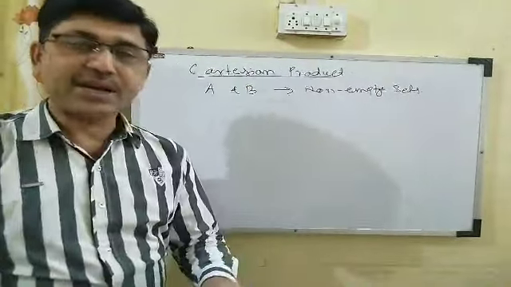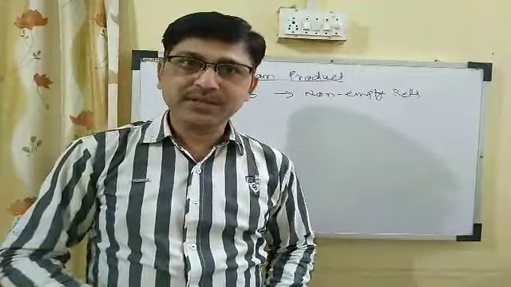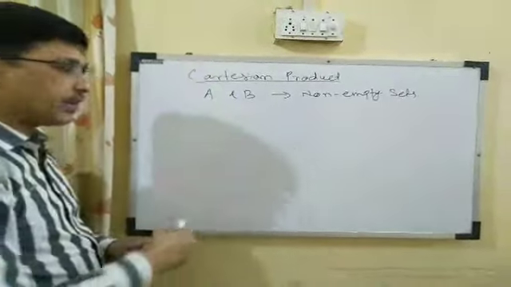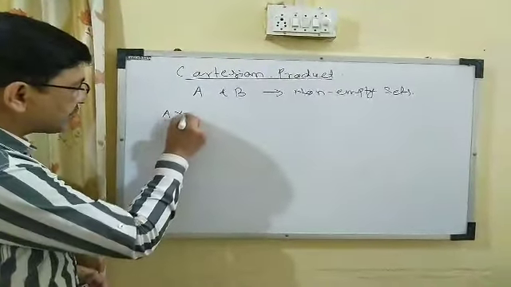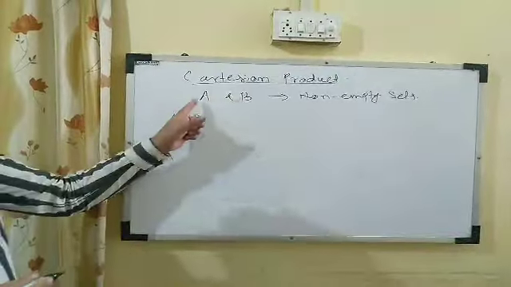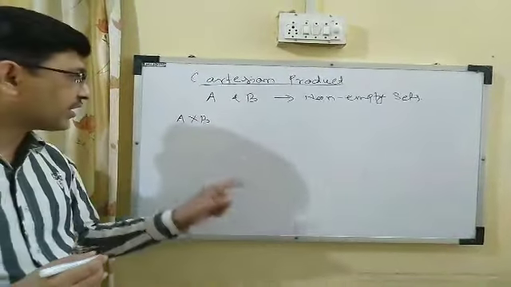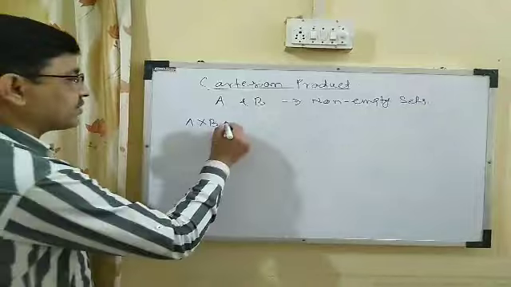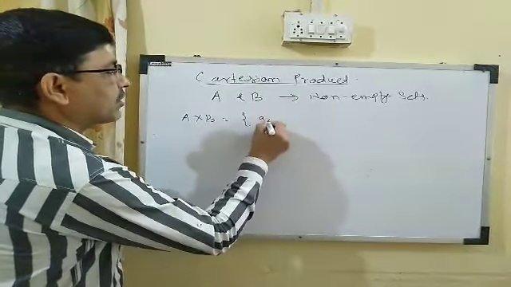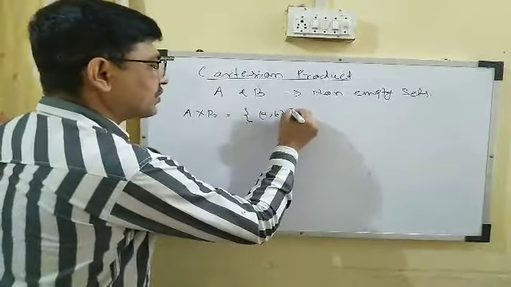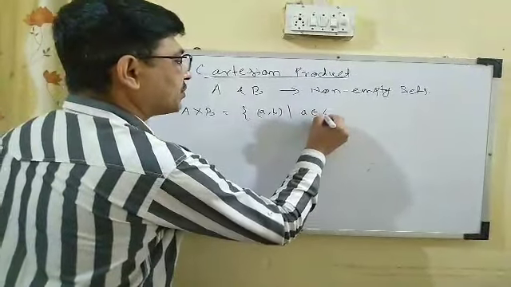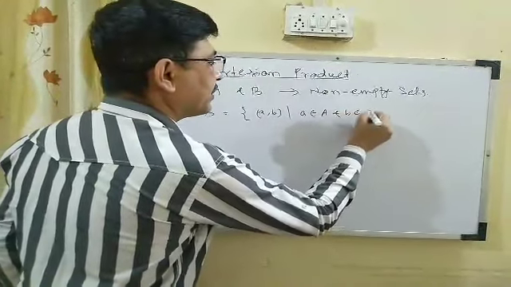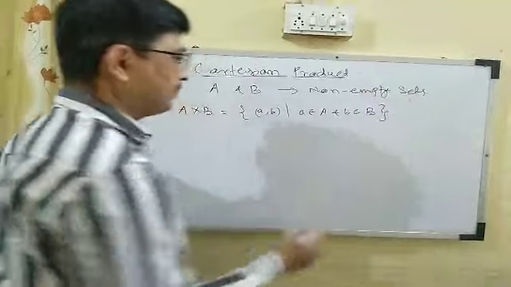Suppose A and B are any two non-empty sets. Then the Cartesian product of A and B, denoted by A cross B, is defined as the collection of all ordered pairs (a, b) such that a belongs to A and b belongs to B.